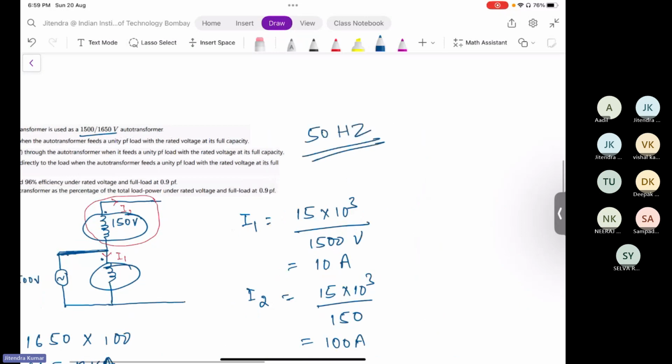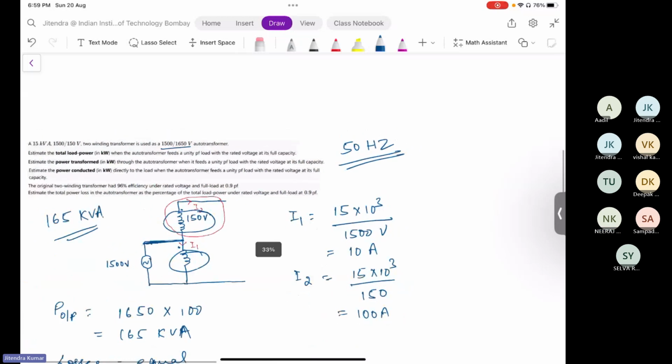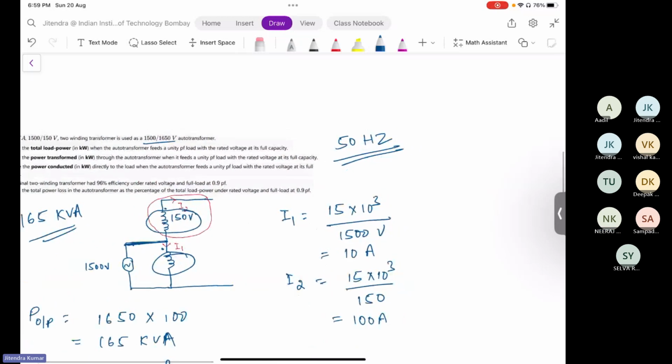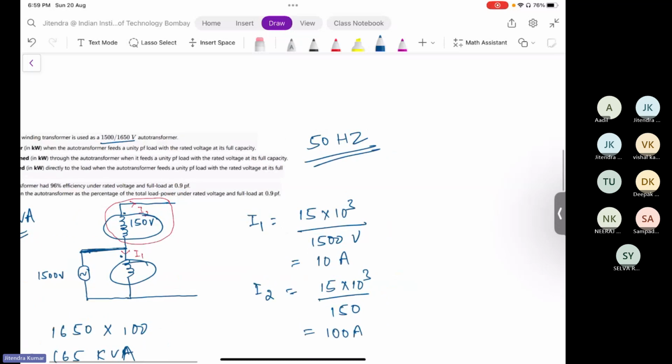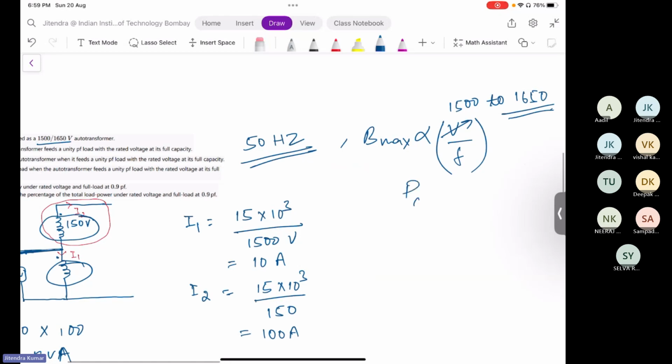Generally for this transformer 50 hertz of frequency we assume. So in that case, yeah, your core loss should come into the picture, because your B max is directly proportional to V by F. So since your V is varying from 1500 to 1650, yeah, your core loss should increase ideally.